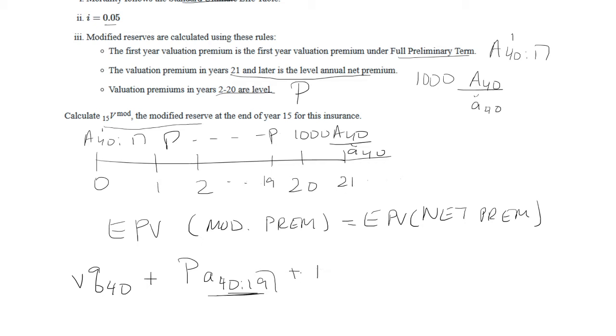Actually here we need to multiply it. No, actually this is fine because it's at the end of the year. Now we need to discount it. From 20 on, you want to survive 20 years, and then discount it back for 20 years, and then multiply that by the annuity due at age 60. This is going to equal the level annual net premium, and then we want to multiply it by the annuity due at age 40.